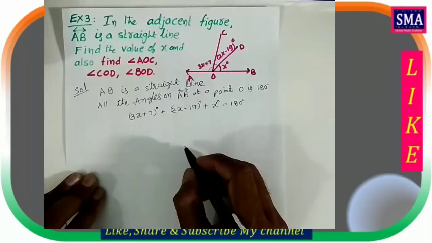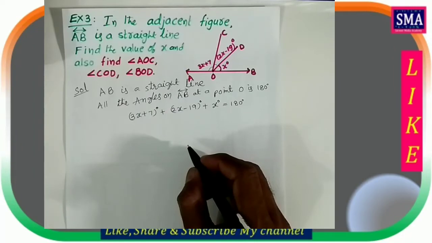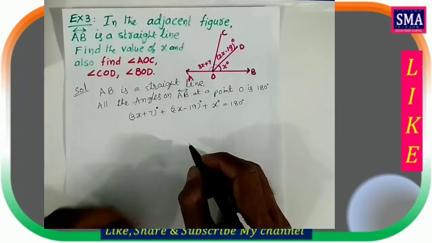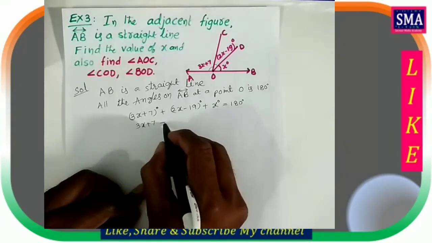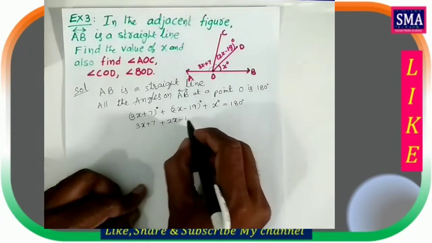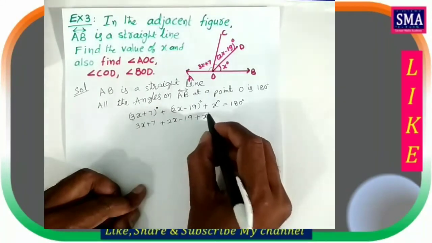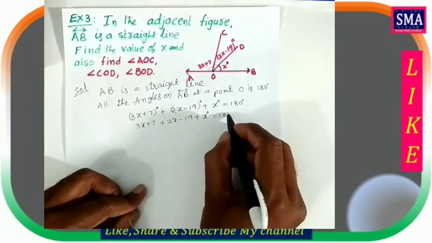First one is 3x plus 7. Second one is 2x minus 19. Third one is x degrees, equal to 180 degrees. So open the bracket: 3x plus 7, 2x minus 19, x degrees is equal to 180 degrees.